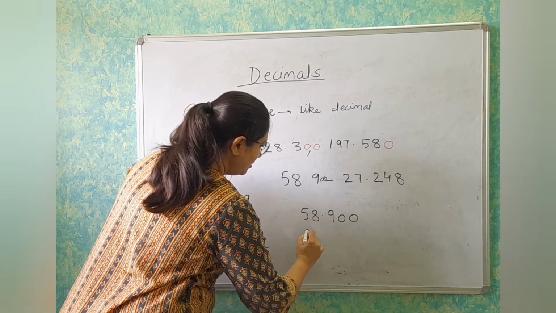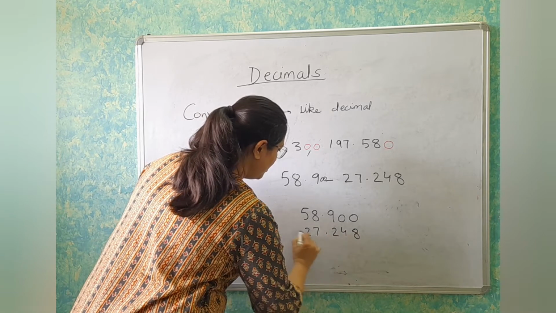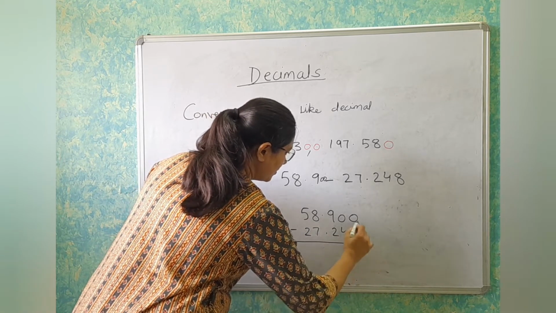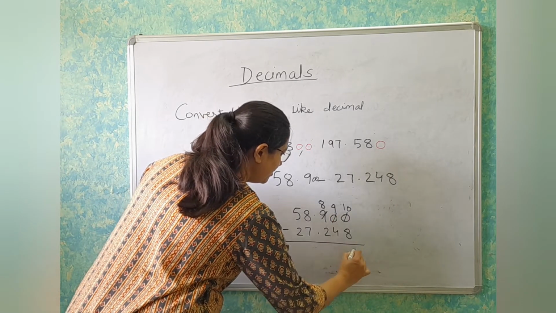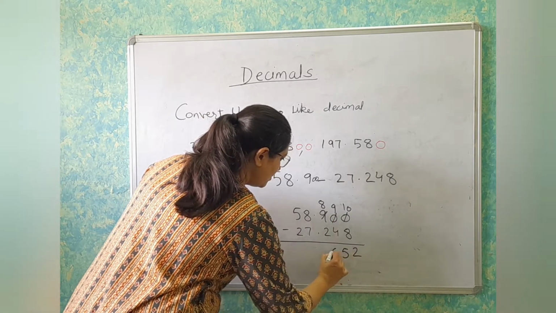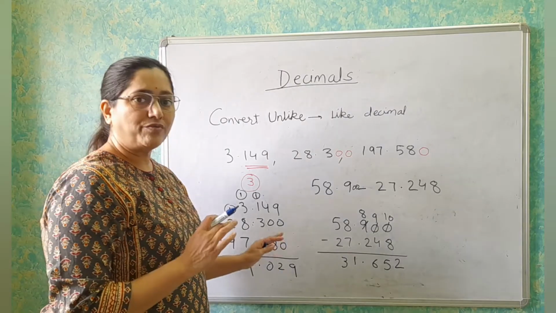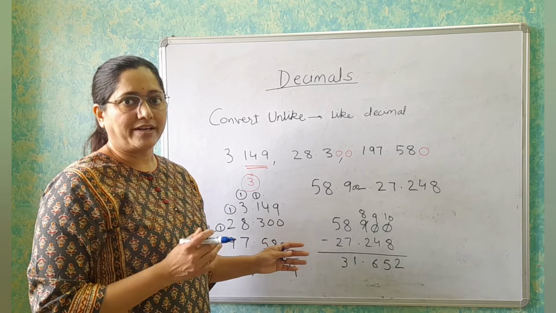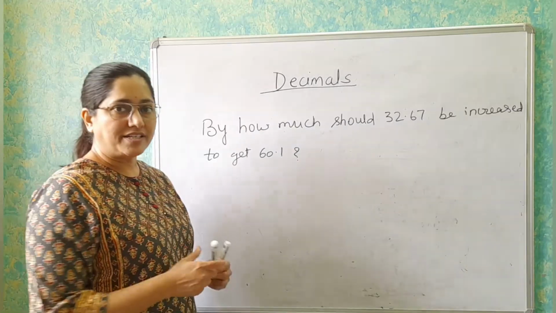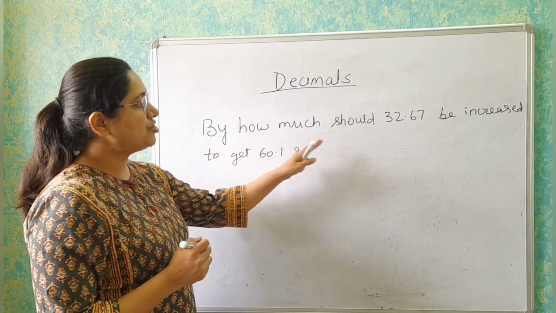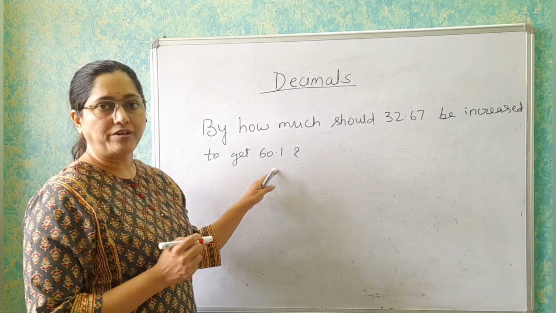58.900, then 27.248. In this way we can do addition and subtraction of unlike decimals, but first we have to make them like decimals. Let's take an example. By how much should 32.67 be increased to get 60.1?